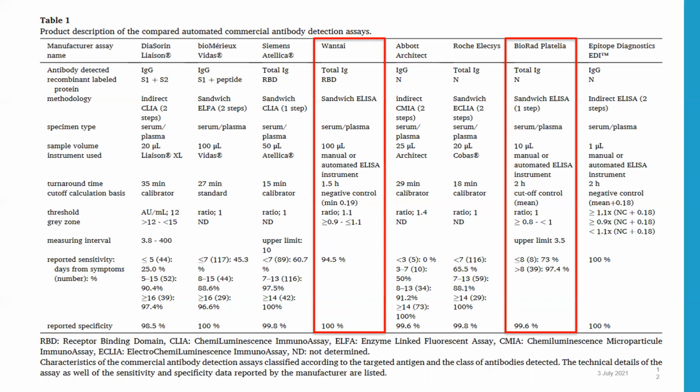So the ones that we are very familiar with are the Wantai ELISA platform, and the other is the Bio-Rad Platelia platform, because these are the ones used in our study. So you can see these use serum or plasma and use sandwich ELISA, but they have different targets: Wantai targets the RBD and Platelia targets the nucleocapsid protein.